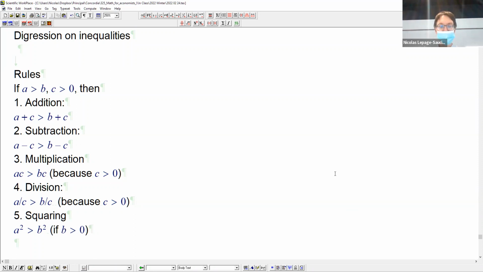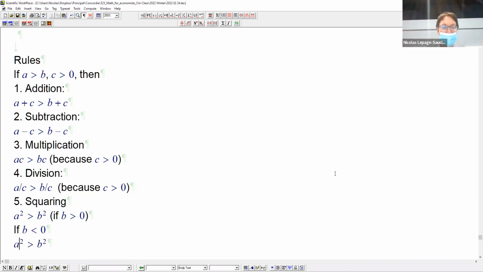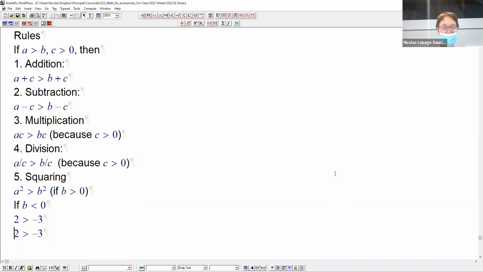Otherwise that wouldn't necessarily work. For instance, if B was smaller than 0, you could have something like 2 is greater than -3, and then of course 4 is smaller than 9. So that's why you absolutely need B to be greater than 0.